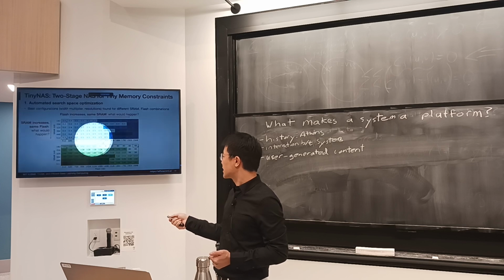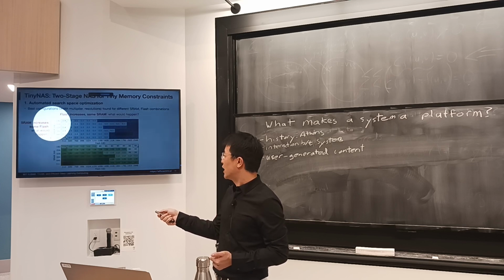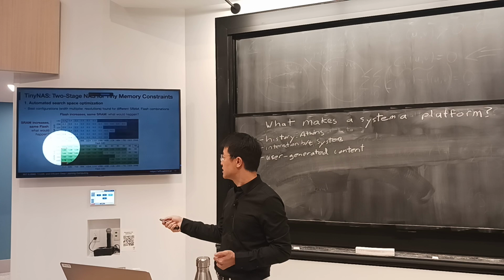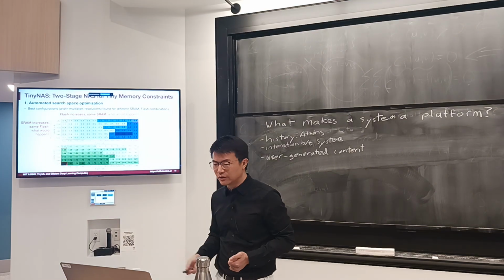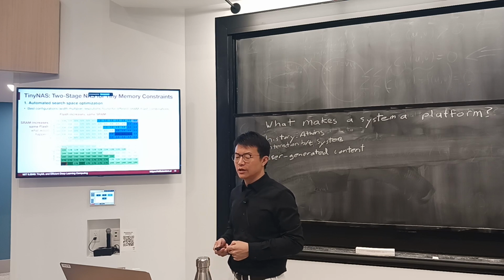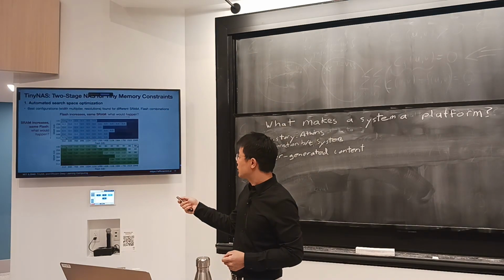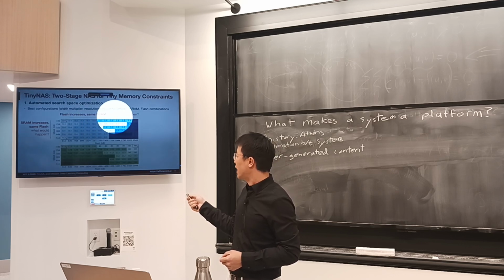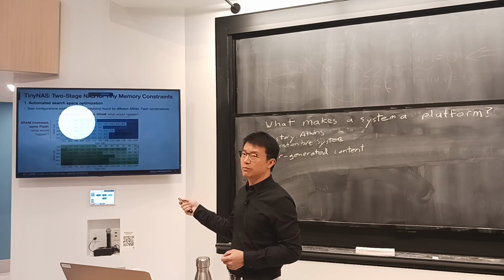So the x-axis is the flash, the y-axis is the SRAM, from 192 kilobytes to 512 kilobytes. We want to understand when the flash increases but the SRAM size stays the same, what would happen to the width multiplier?